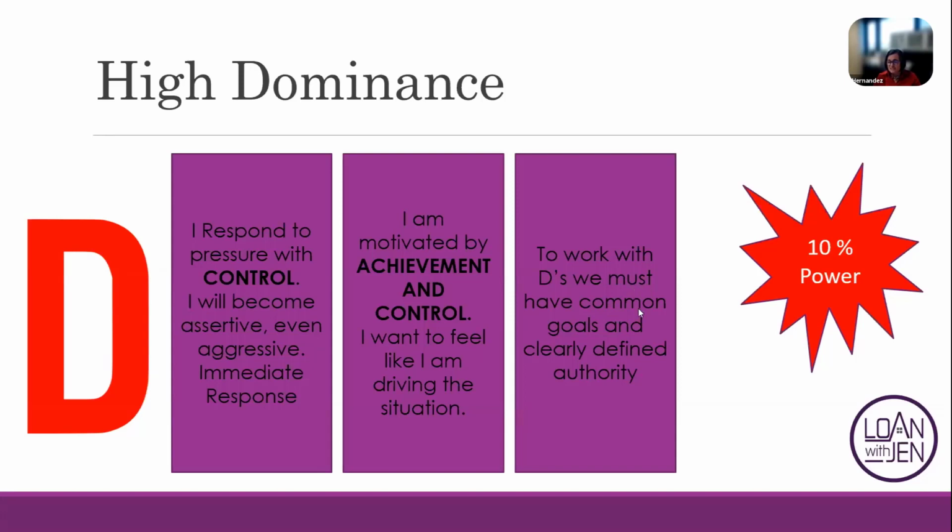To work with D's, we need to have common goals clearly identified. So asking really good questions in the beginning, like for me with the loans, I usually can tell pretty quickly, because it's also their job title, in just the first few minutes of conversation if they're a D. And I make sure to be real, like I repeat what I heard, and we'll go over some more communication styles a little bit towards the end, but it's very important to have super clear communication with a D and bullet points on emails and stuff.